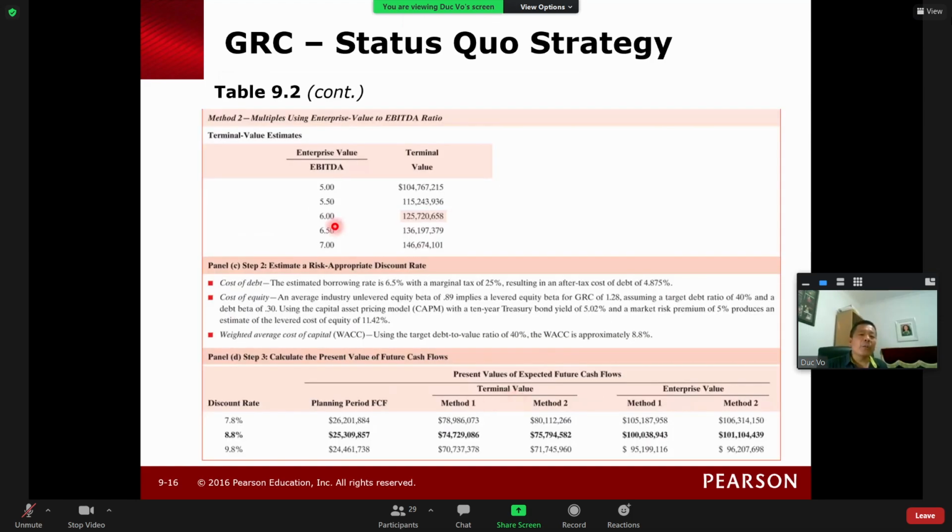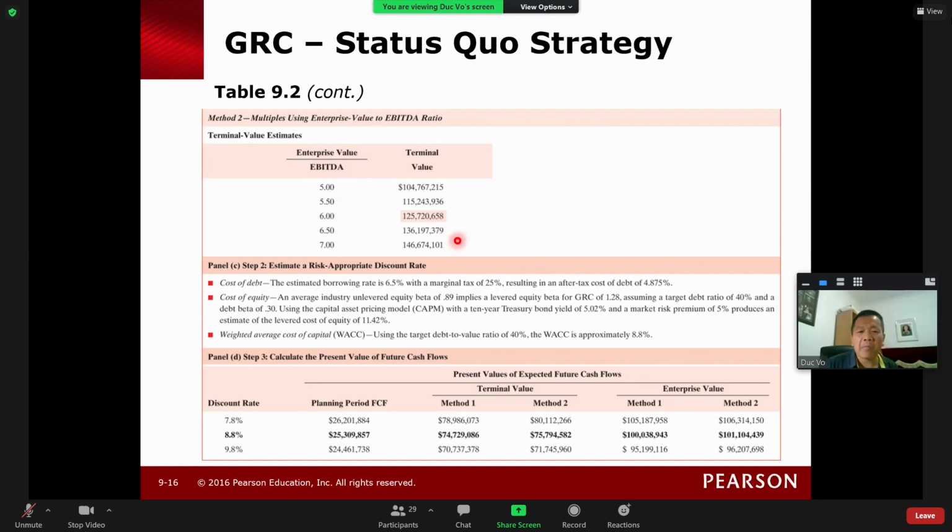Similarly, you can use a different EBITDA multiple, and in order to work out the EBITDA multiple, you take the enterprise value divided by EBITDA, right? And the enterprise value, later I'll show you how to work it out. You deal with the EBITDA multiple, and the value will be different. In this example, if you use 6, the value will be different.